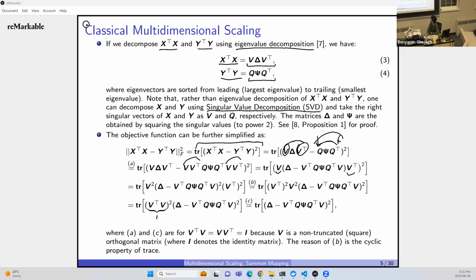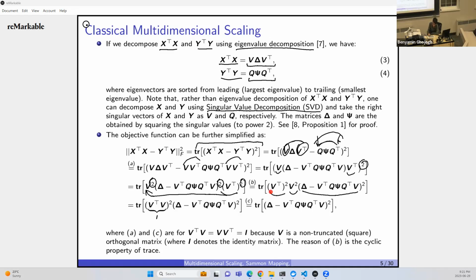This is exactly what I have done. Now I apply the square on the elements, so this becomes V squared, this is squared, and V transpose is squared, right? Now I use the cyclic property of trace, so I can reorder them and bring this to here.